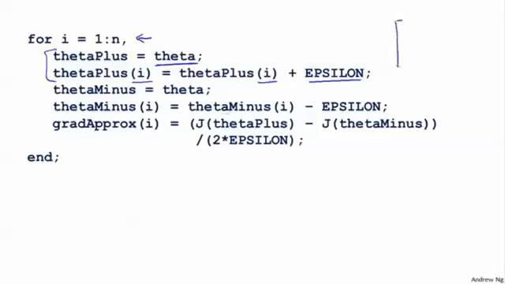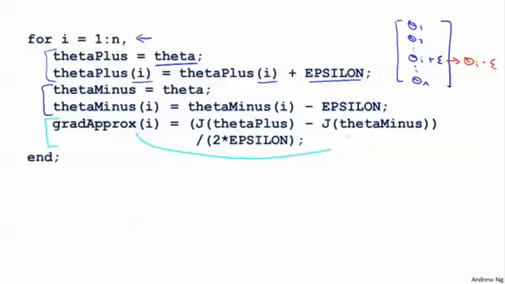So thetaPlus is equal to theta 1, theta 2, and so on, and then theta i has epsilon added to it, and then I go down to theta n. So this is what thetaPlus is. And similarly, these two lines set thetaMinus to something similar, except that instead of theta i plus epsilon, this now becomes theta i minus epsilon. And then finally, you implement this, grad approx i, and this will give you your approximation to the partial derivative with respect to theta i of J of theta.